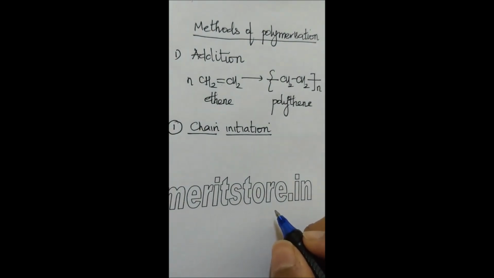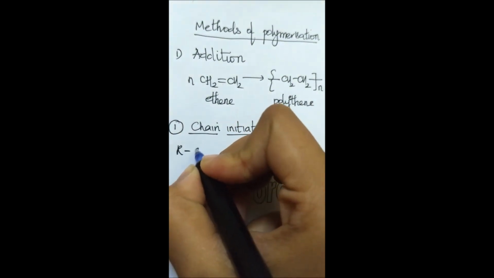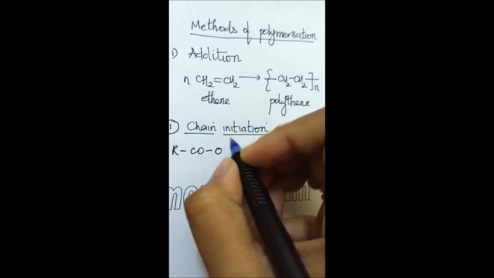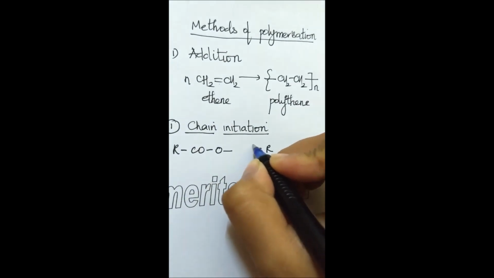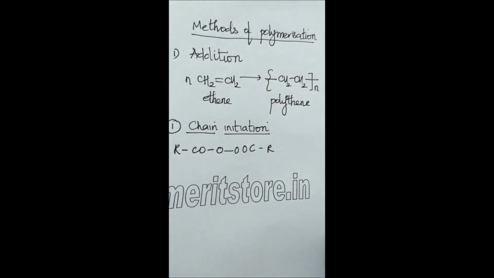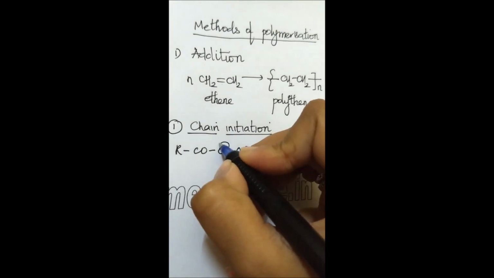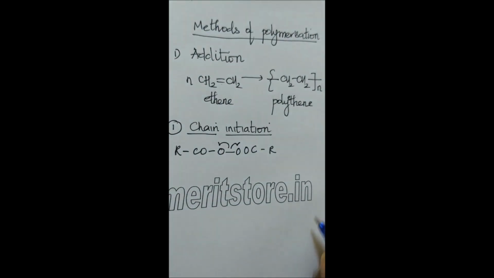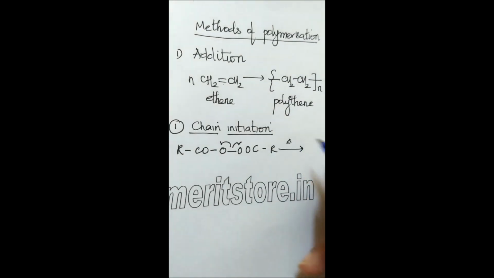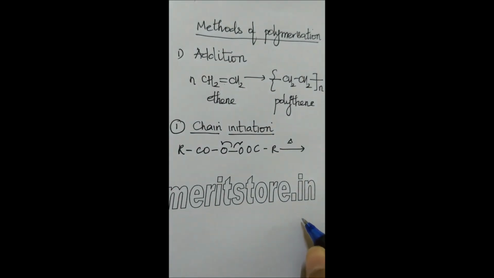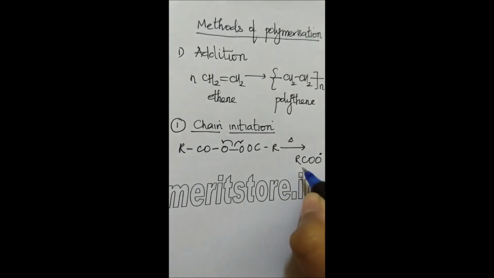So I have my organic peroxide. I can write it as RCOO-OCOR. There is homolytic fission and what I get is RCOO radical, which is unstable.